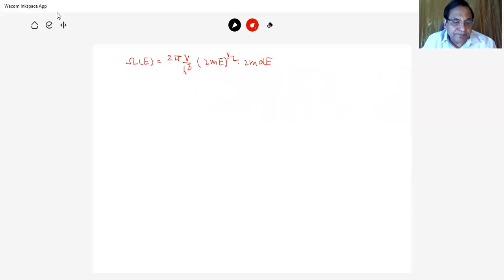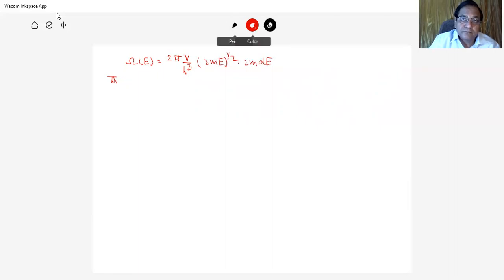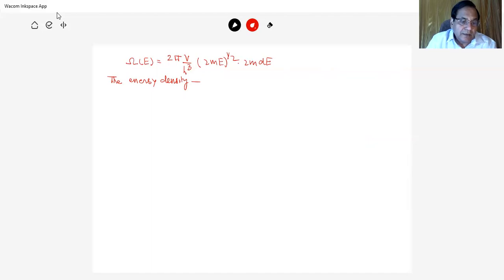And the energy density, this g(E), and this g(E) is 2π upon V into V upon h cube.